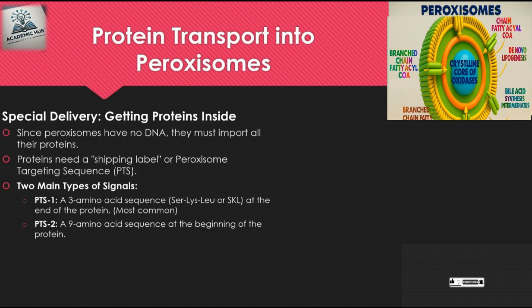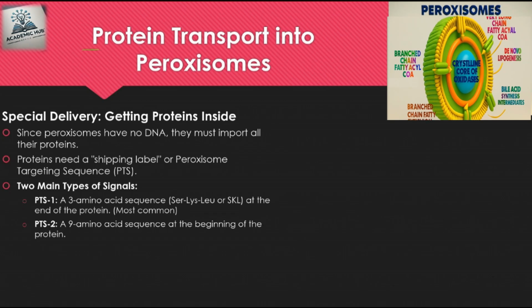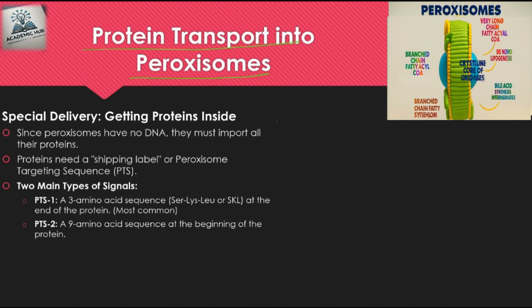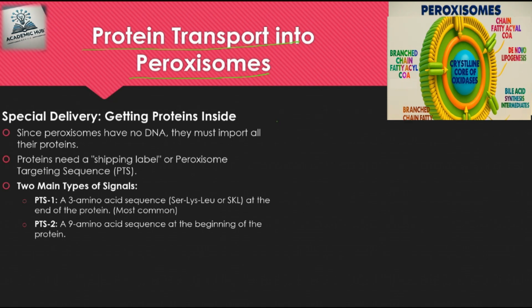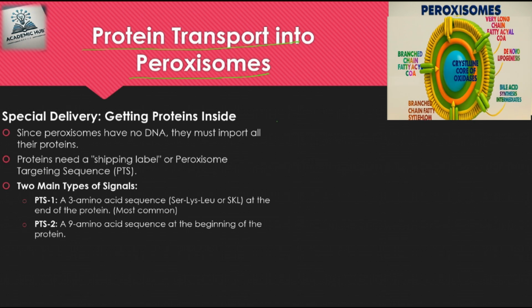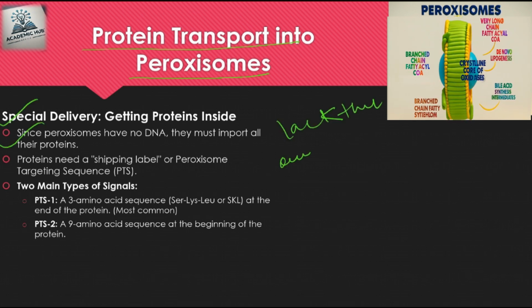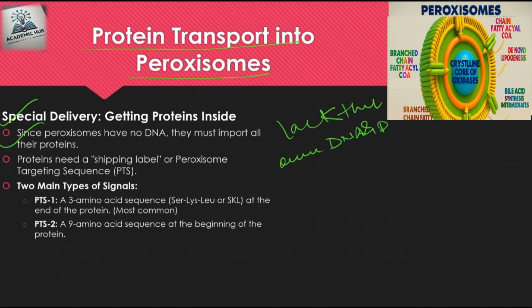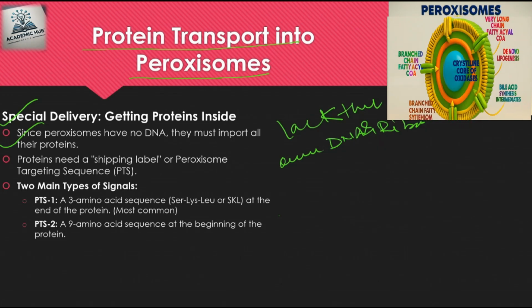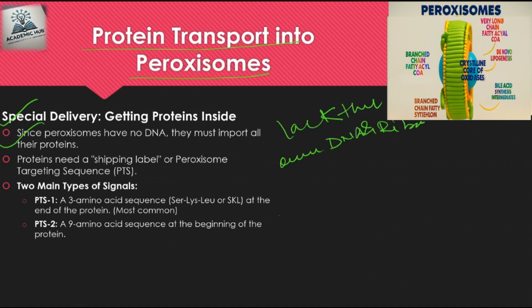Next is protein transport into peroxisomes. Protein transport means targeting into peroxisomes. Peroxisomes lack their own DNA and ribosomes. All their necessary proteins are synthesized in the cytoplasm and must be imported.